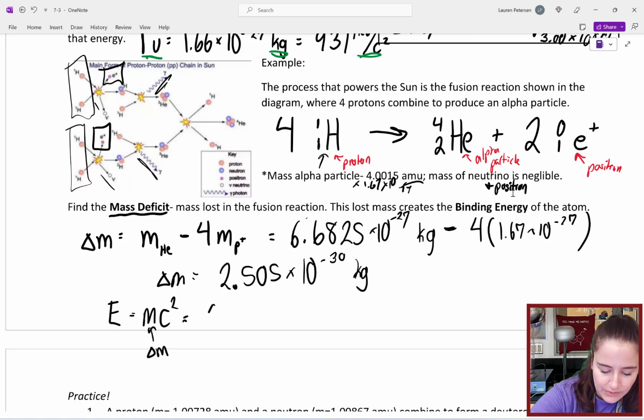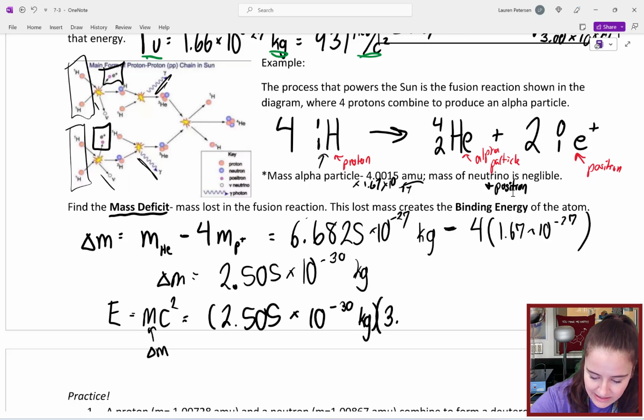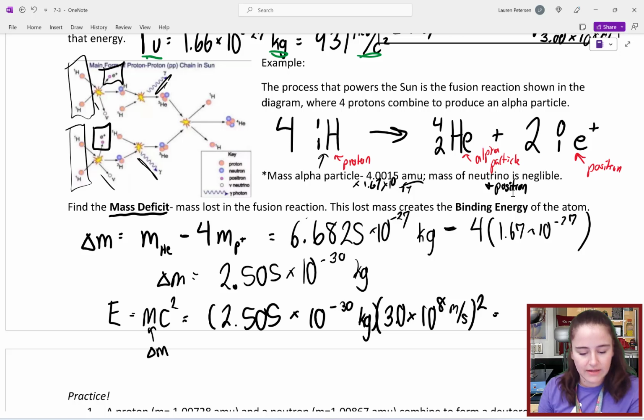Since we have it in kilograms, we'll keep it there with 2.505 times 10 to the negative 30th kilograms times the speed of light squared, which gives us 2.25 times 10 to the negative 13 joules.